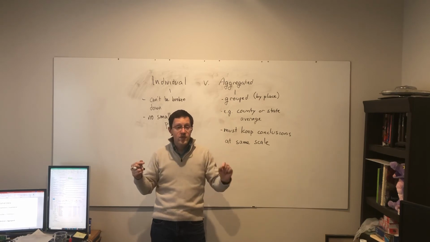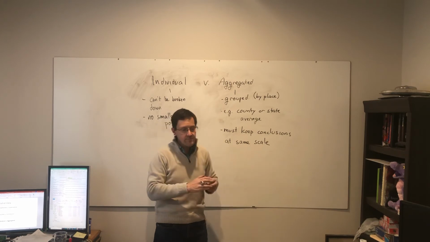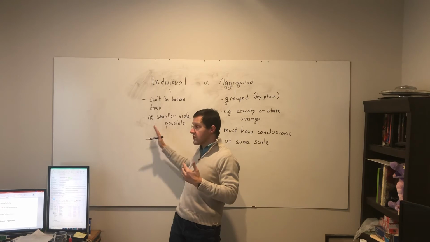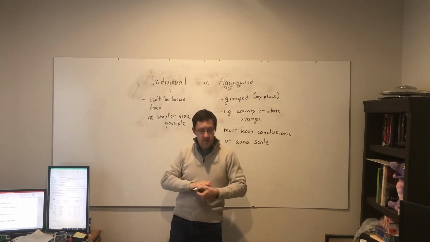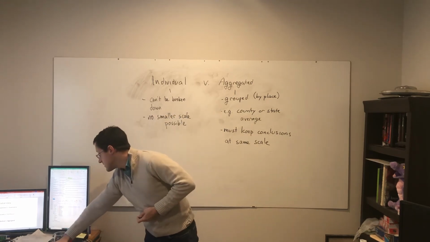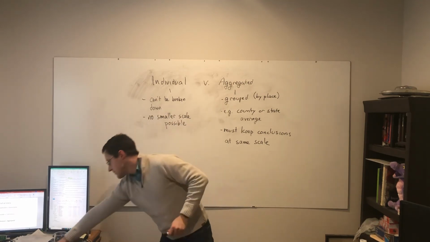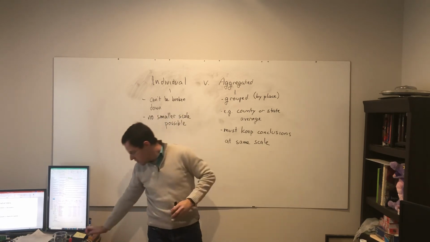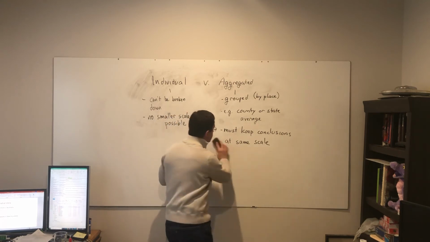You can only stay at the scale of your data. That distinction of can you go smaller or can you not go smaller is individual versus aggregated data. We have two more types of distinctions here.